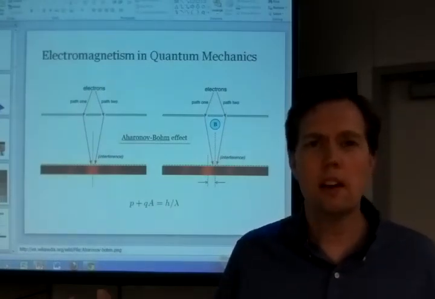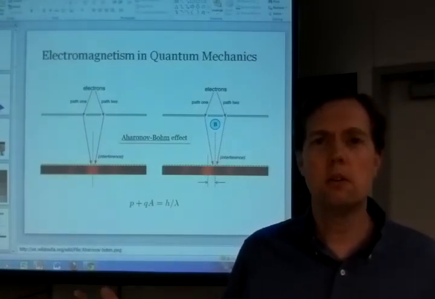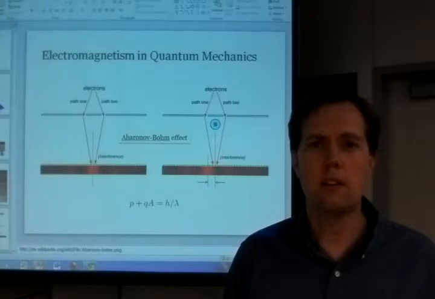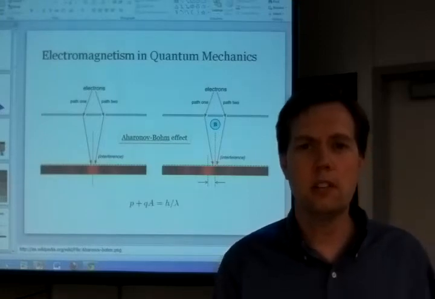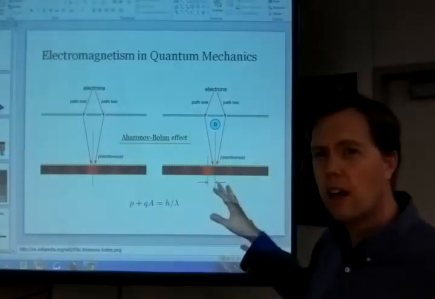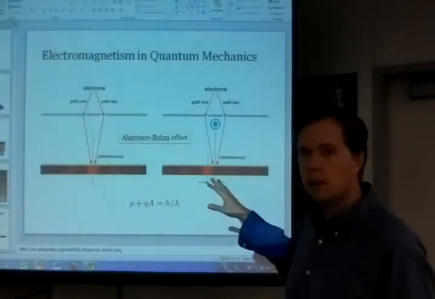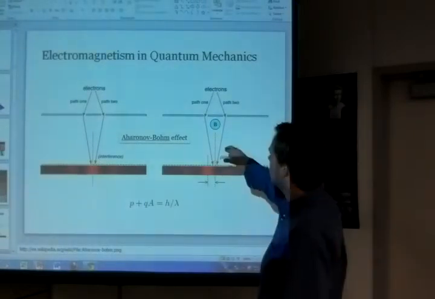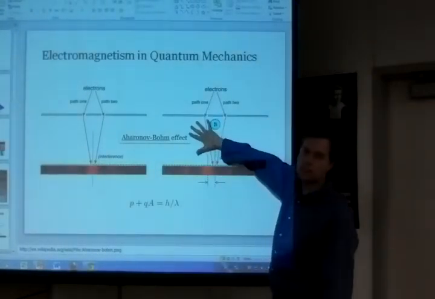Now there's no magnetic field outside the solenoid, so you would expect no impact to the diffraction pattern. But there is an impact on the diffraction pattern. It gets shifted slightly. And the reason that's happening is because, I don't have it in the picture here, but the vector potential is not trapped inside. It actually extends out.